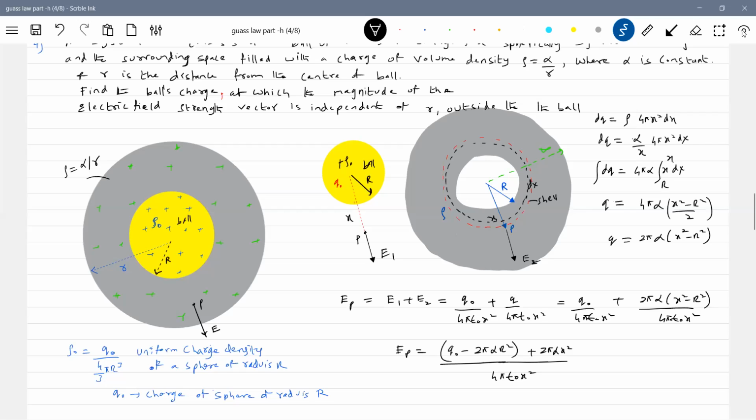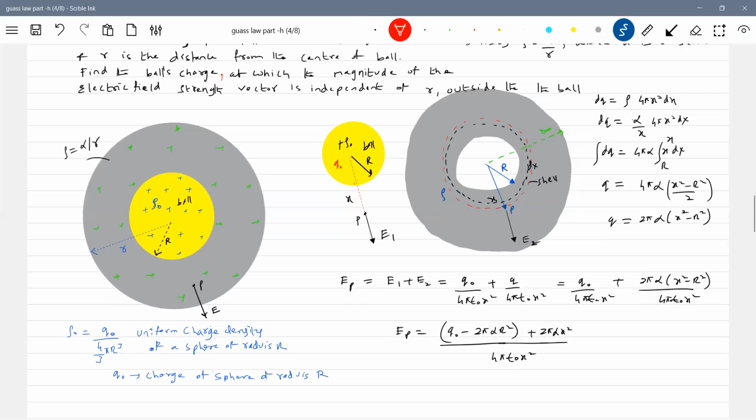If the bracket term is constant, if the bracket term is equal to 0, then x square, x square get cancelled, then field strength E will be constant, no? So for EP to be constant, this must be equal to 0. Okay, then only x square gets cancelled in the numerator and denominator here.